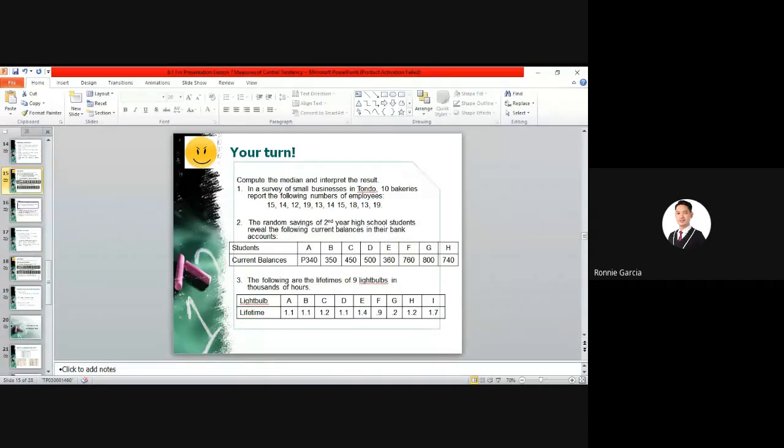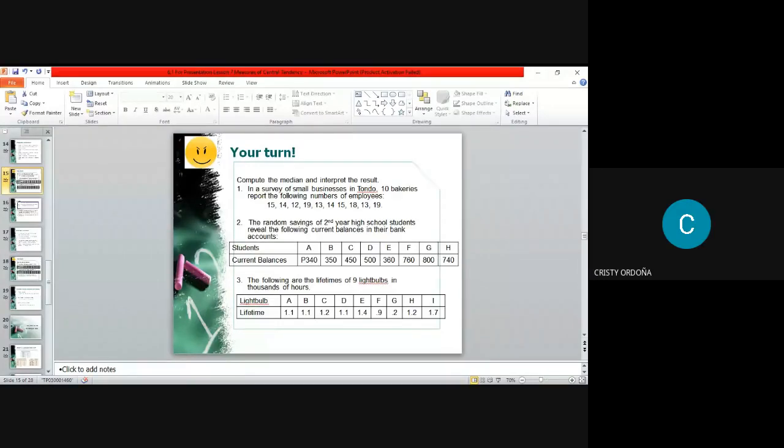Followed by pila ka buok 13. And then naa ay 14, di ba? Then naa ay 15. 14.5. Okay, nag-change na po siya answer. And then we have 18. And we have 19. 1, 2, 3, 4, 5, 6, 7, 8, 9, 10. So kung 10 ka buok imong data set, di ba duha ka buok ang imuhang tunga?